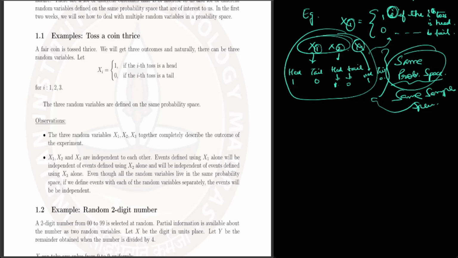The X1, X2, X3 are independent of each other. Why?